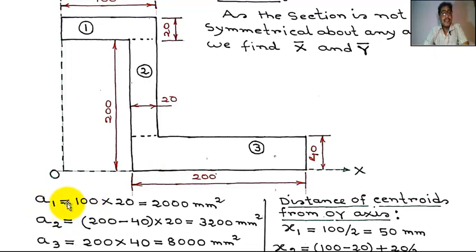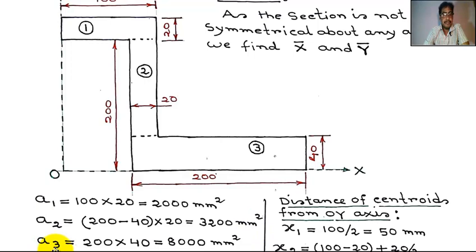A1 is the area of rectangle 1. This is 100, this is 20, 100 into 20 equal to 2000 millimeter square. A2 is the area of rectangle 2. This is 200 minus 40, into 20, equal to 3200 millimeter square.